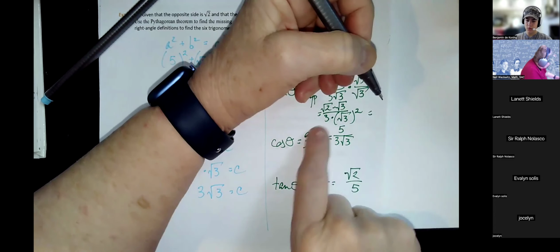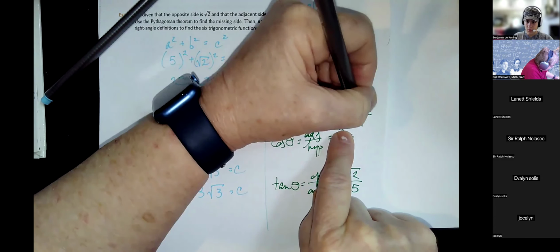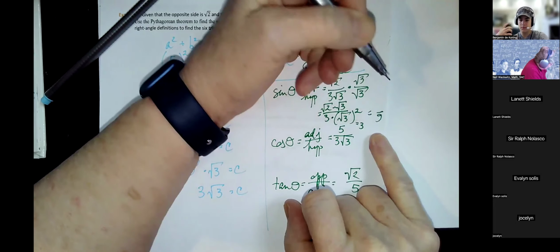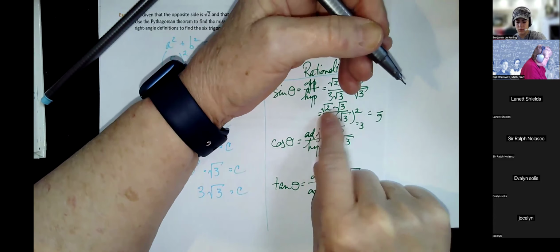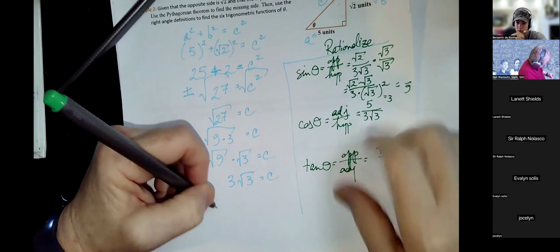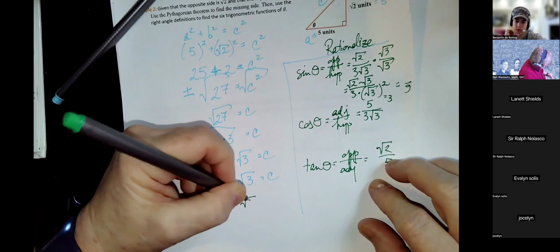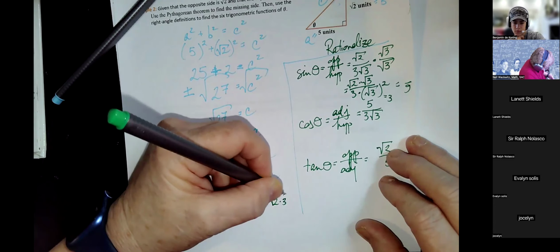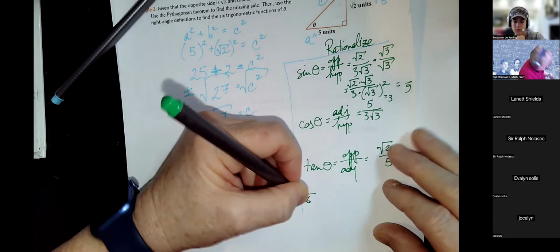So in the denominator, we've got 3 times 3, which is 9. Beautiful. And the square root of 2 times the square root of 3 is the square root of 2 times 3, which is the square root of 6.